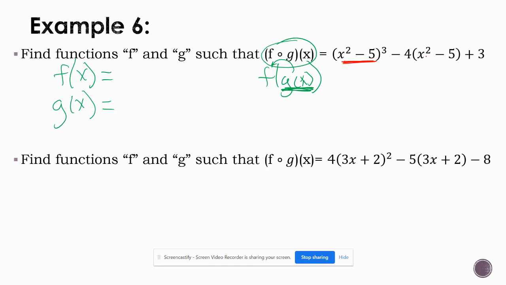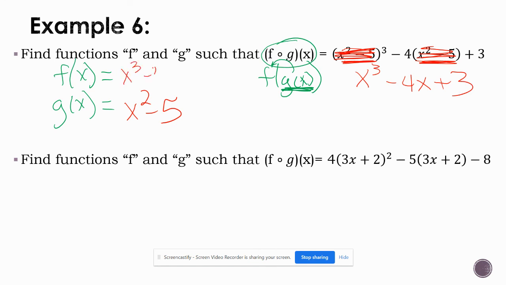And what's inside the parentheses here are x squared minus 5. So it looks like we plugged in x squared minus 5. If indeed that's what we did, and we made that x, and we have a 3 there, and that became an x again, then that means our f function was x cubed minus 4x plus 3.